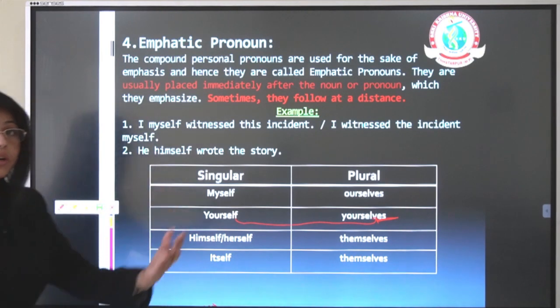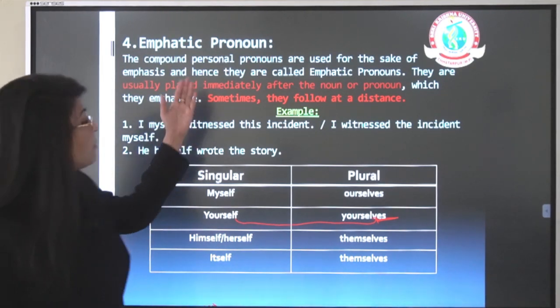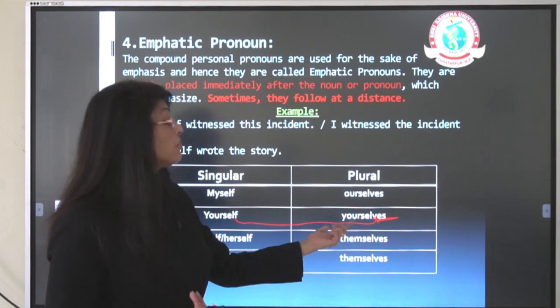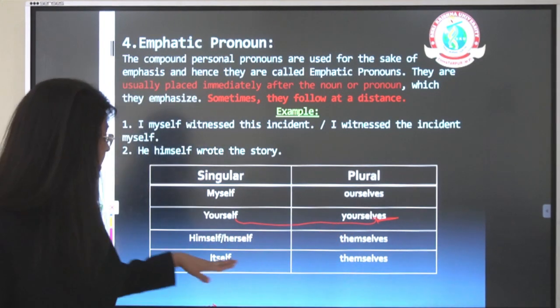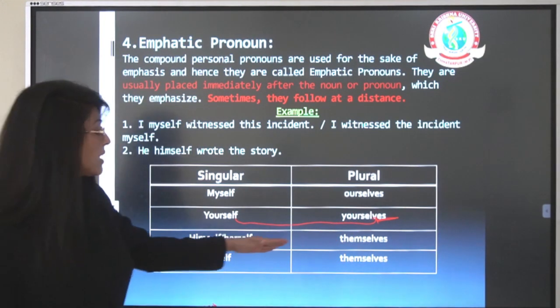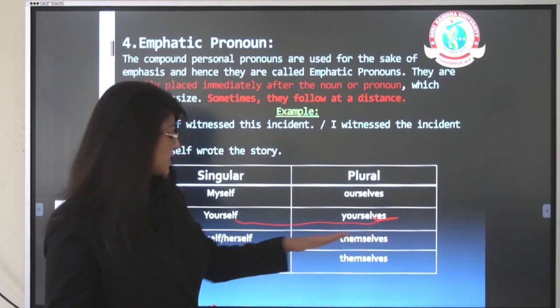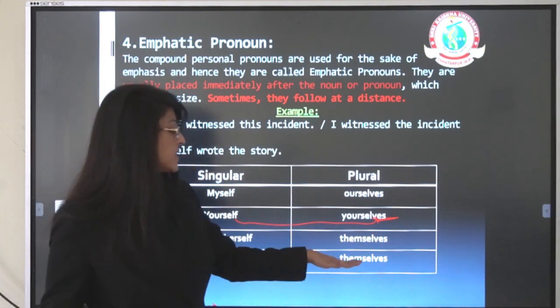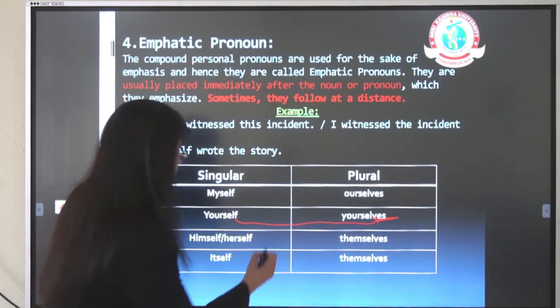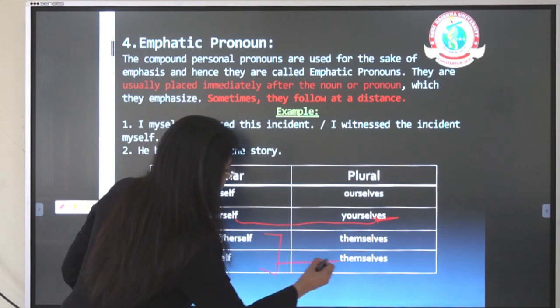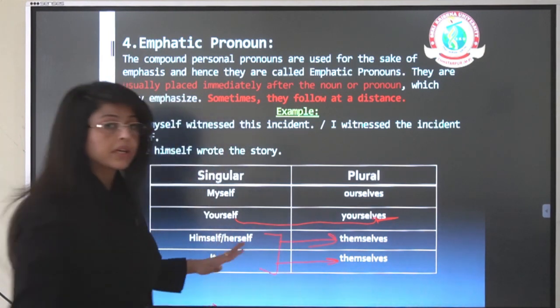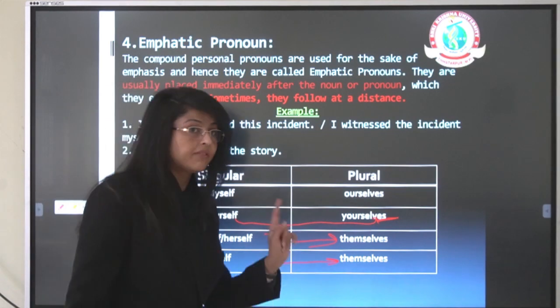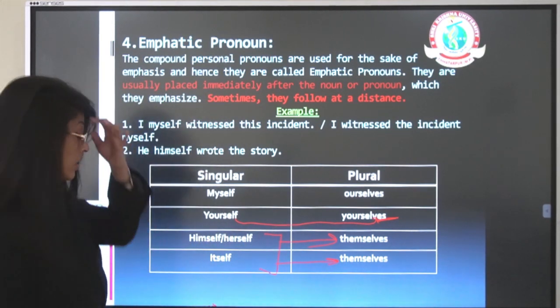That's how you convert the singular pronouns to the plural pronouns. Very easy. Him or her becomes themselves. Itself becomes themselves. See here, this is important. Both become themselves. Okay, it will not be itselves, wrong.